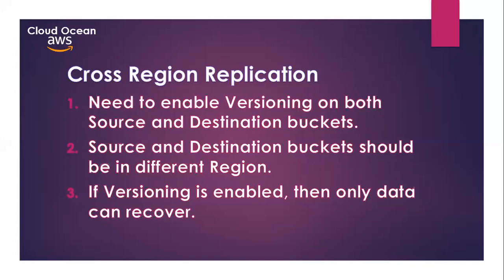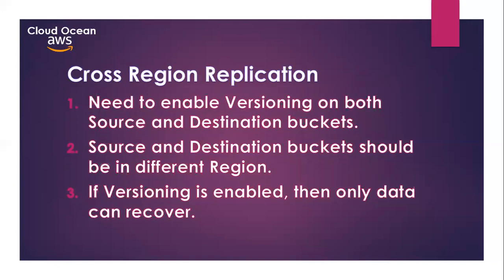You have to enable versioning in both the Mumbai region as well as the Singapore region. The source and destination buckets should be in different regions. As I said, the source bucket will be in Mumbai and the destination bucket will be in Singapore. If versioning is enabled, then only we can recover the data.